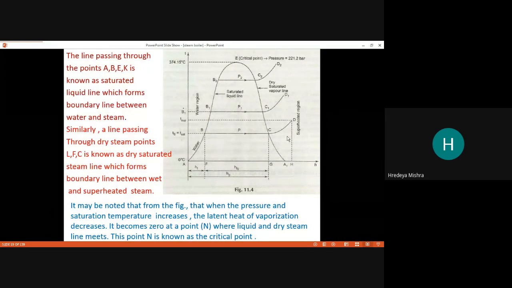Now here, the line passing through the points A, B, E, K is known as the saturated liquid line, which forms the boundary line between water and steam.